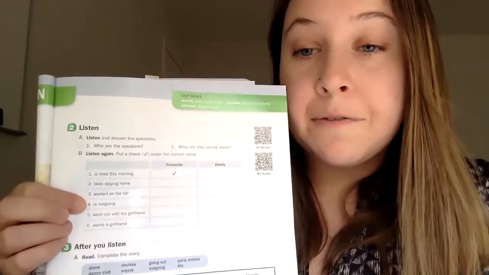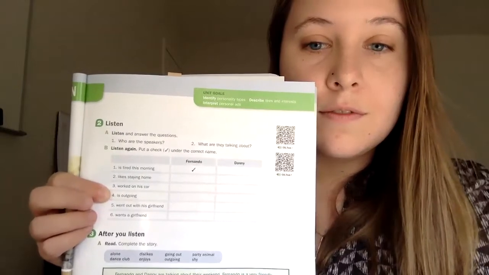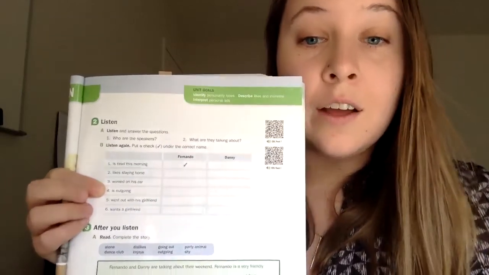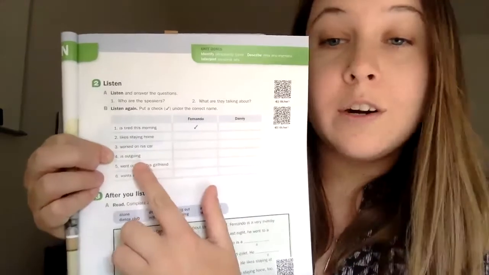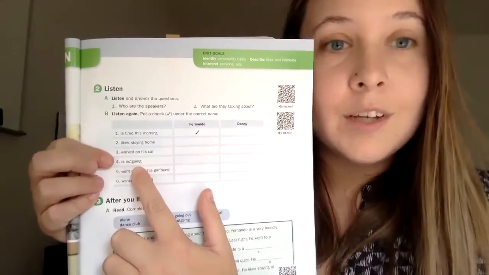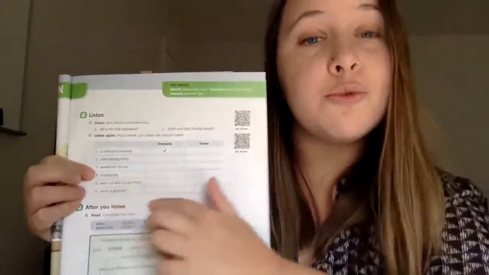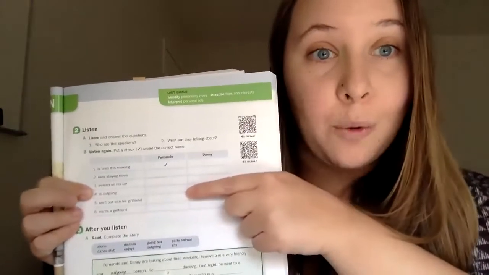What about number 4? Is outgoing. That one is Fernando. Do you know this word outgoing? It is a personality trait, a way to describe someone's personality. So you might say she is outgoing, or in this case, we would say Fernando is outgoing.